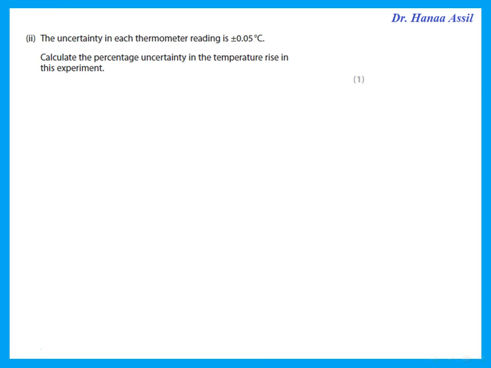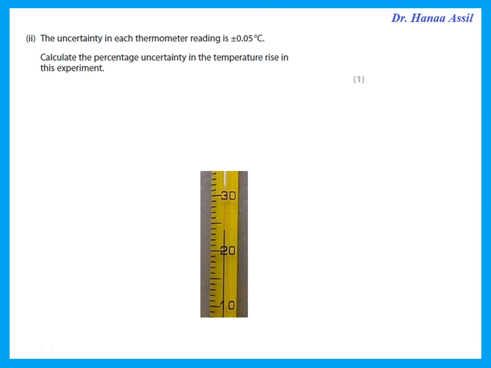The uncertainty in each thermometer reading is plus or minus 0.05. Calculate the percentage uncertainty in the temperature rise in this experiment. Okay, remember that for any thermometer, you're reading an initial temperature and a final temperature.